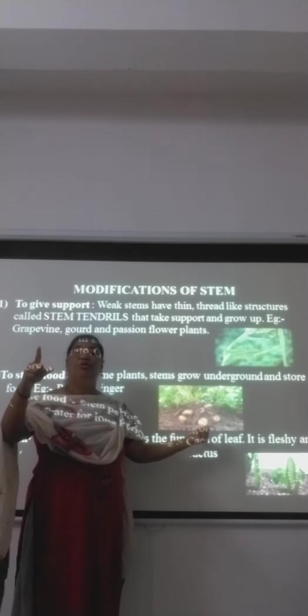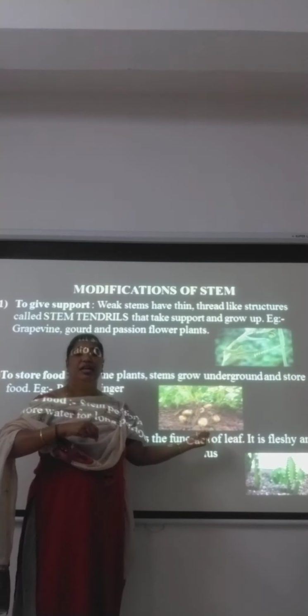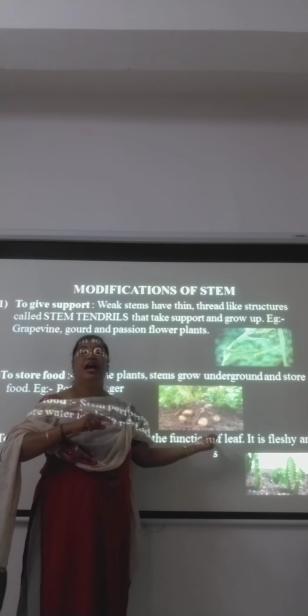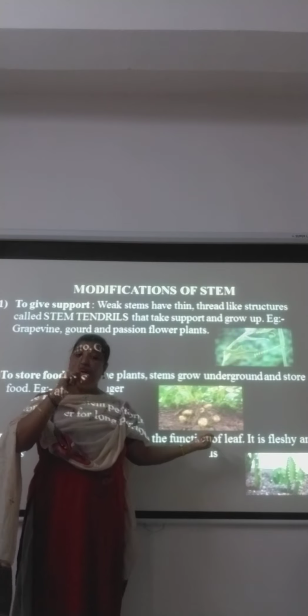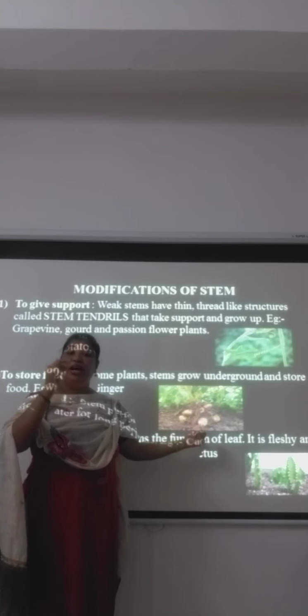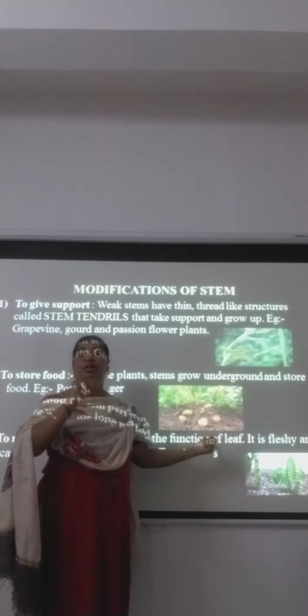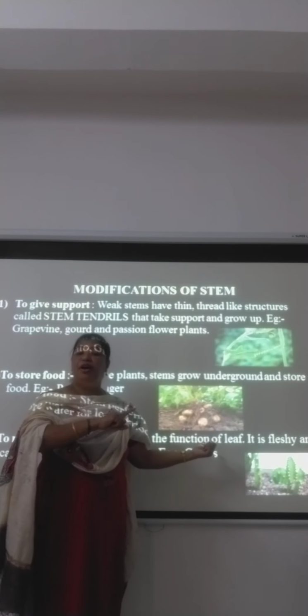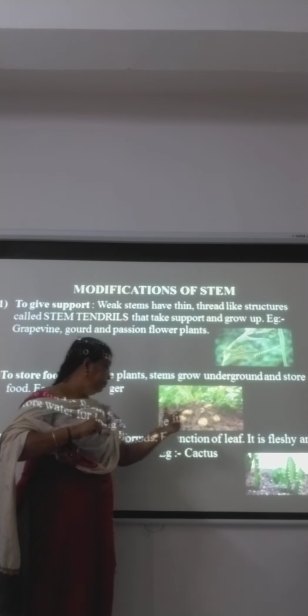Next time when you go to the market along with your mother, try to check it once. Then you will have very good clarity, children. If you go to stores, you can check whether there are some fine roots or not. By that you can have more clarity on a stem modified vegetable and a root modified vegetable.